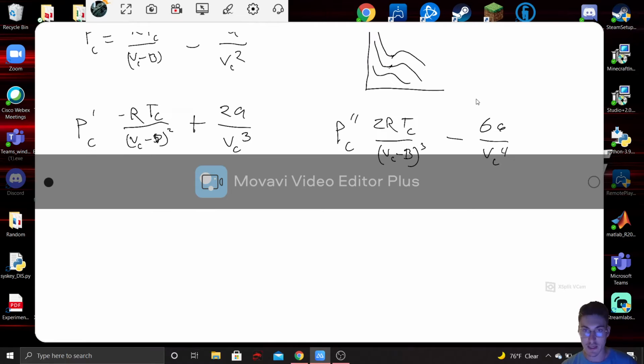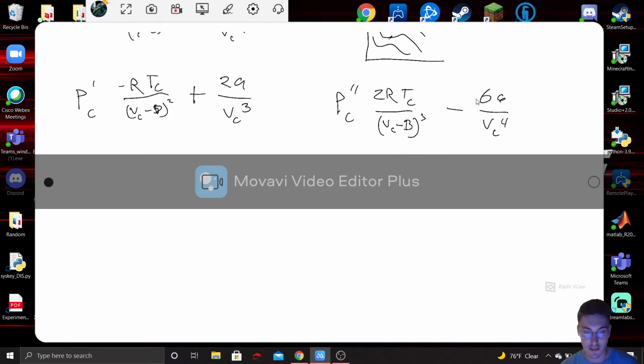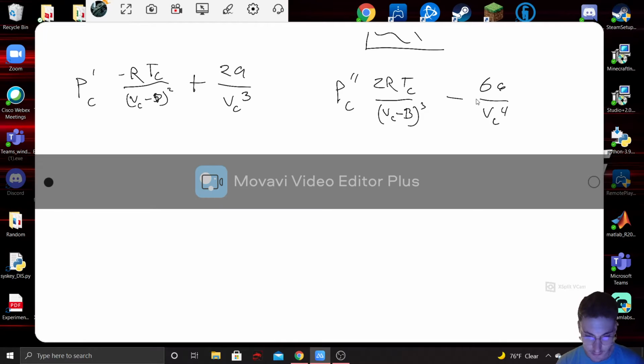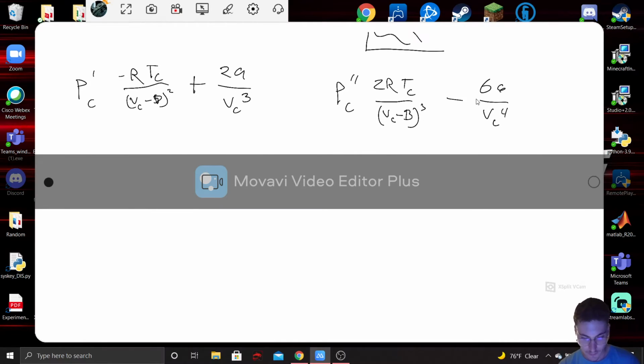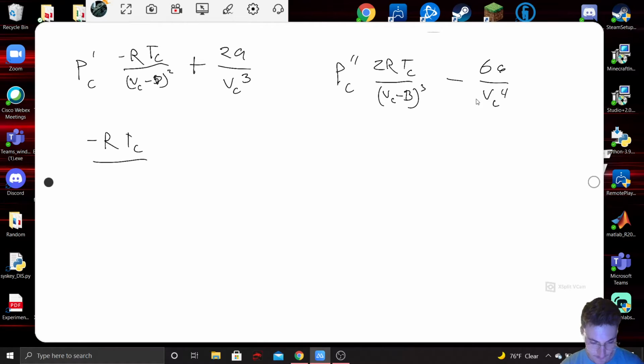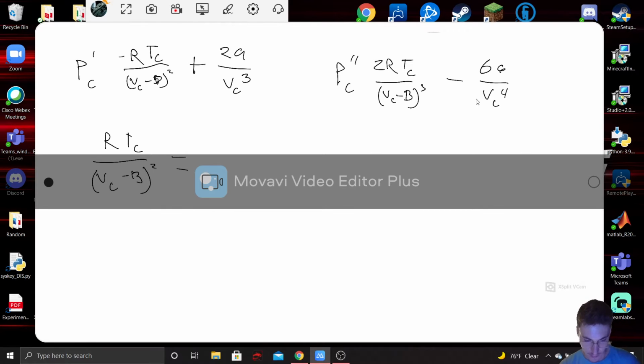And then since we are trying to get those points, what we're actually going to do next is we want to multiply the first derivative by the reciprocal of the second derivative. Well, actually, before we do that, we'll set them equal to each other. So negative RTC over VC minus B squared equals, actually we'll do it from the other side, so then they both stay positive.